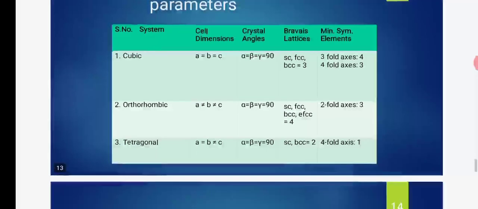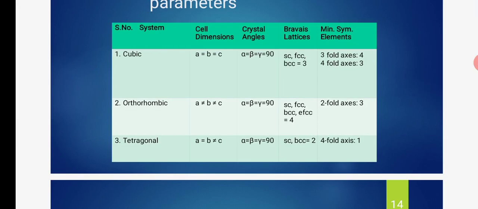In this slide, it is shown here. For cubic structure or system, lengths must be the same, A equal to B equal to C, and angle is 90. Simple cube, face-centered cube, body-centered cube may exist in this cubic lattice.